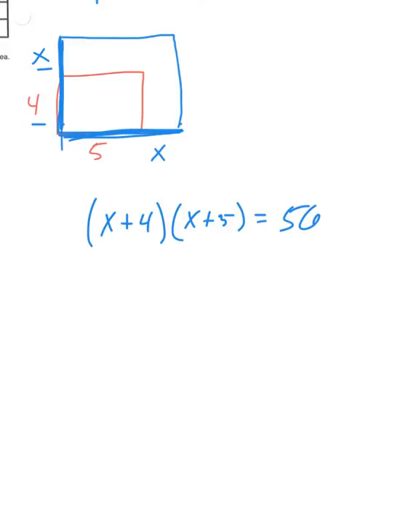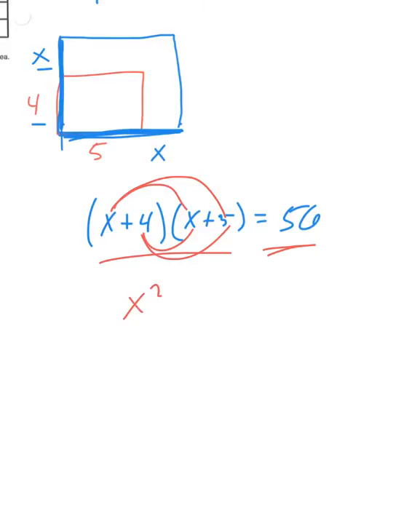Okay, so now again, this problem here, it's not solved for 0, right? So I'm going to have to do some distributing, in this case, I guess, foiling, and then maybe collecting some like terms to get all this stuff together so it's individual terms, and move the 56 over to do that. This time I'm going to do FOIL method, so x times x, x times 5, 4 times x, and 4 times 5.